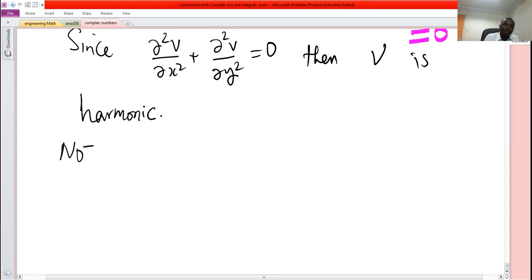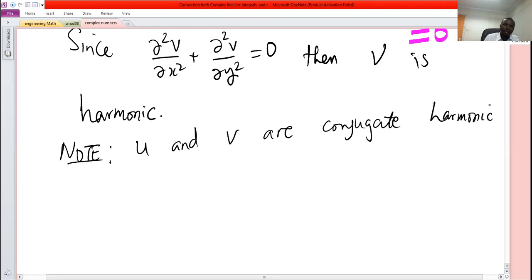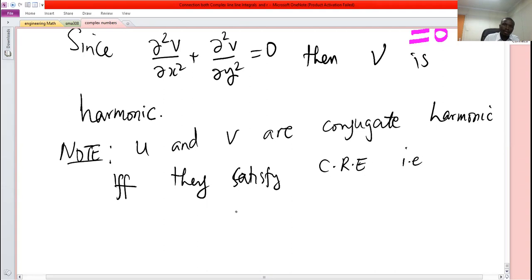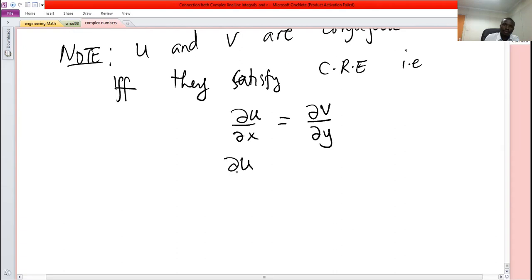So note u and v are conjugate harmonic if and only if they satisfy the CRE, that is, partial u partial x equals partial v partial y, and partial u partial y equals minus partial v partial x.